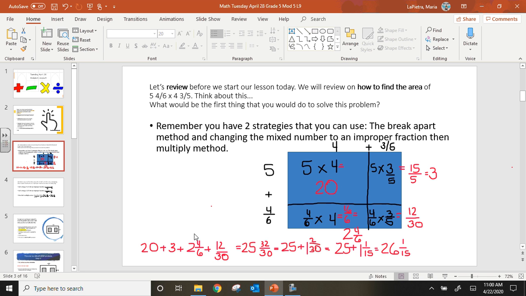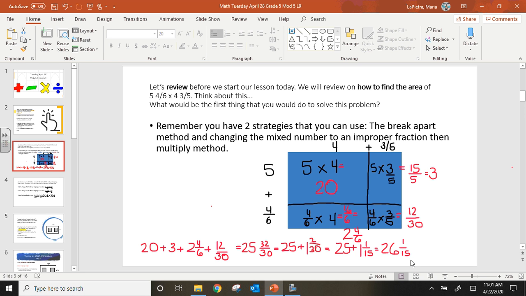And then I said 20 plus the 12 gave me 32. So now I have 25 and 32 over 30. My whole number stays 25, plus, this is an improper fraction, 32 over 30, so I had to divide it, and I got 1 and 2 over 30. Now I have 25 plus 1 and 2 over 30, which equals 26, and I reduced 2 over 30 to 1 over 15, so 26 and 1 over 15.